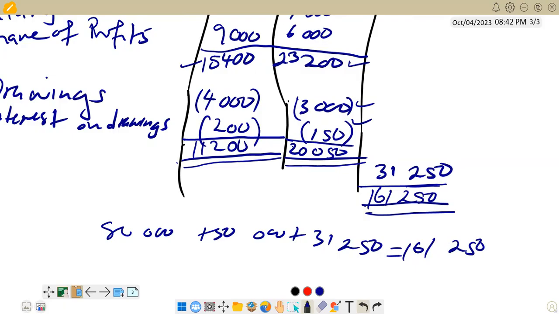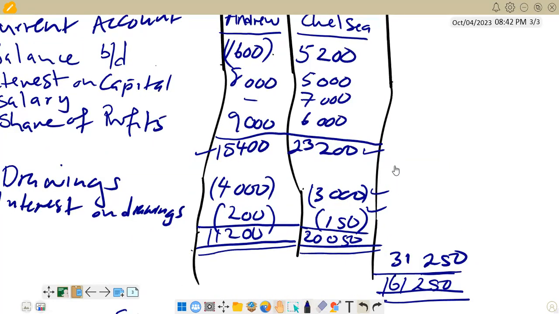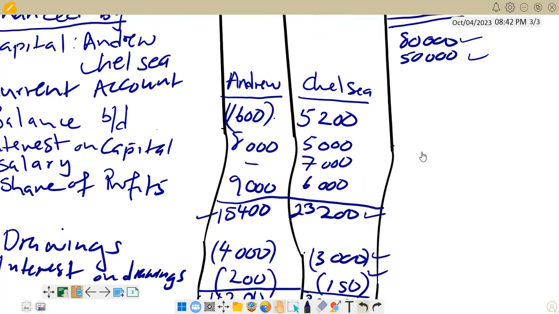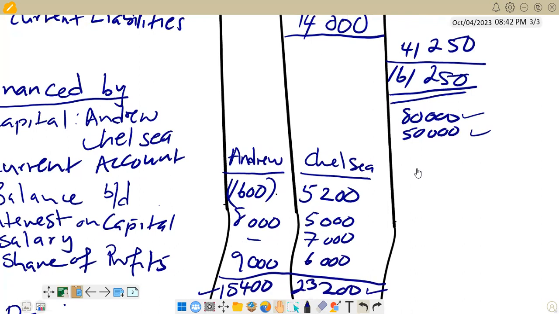So this balance that we got here should be the same as the balance that we got for the first balancing figure. This is the second balancing figure, 161,250. We compare it with the figure that we got on the first balancing figure, which, if you go there, we are seeing is 161,250. So we got the correct answer with what we got on the second part. So that marks the end of our statement of financial position.